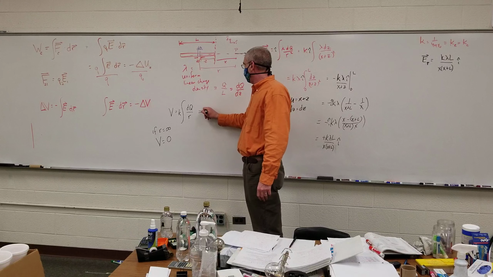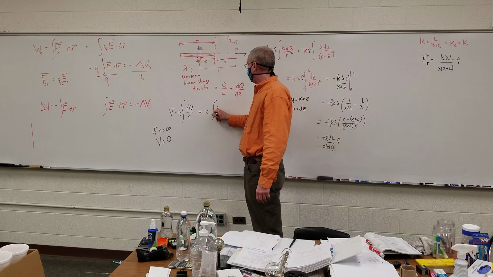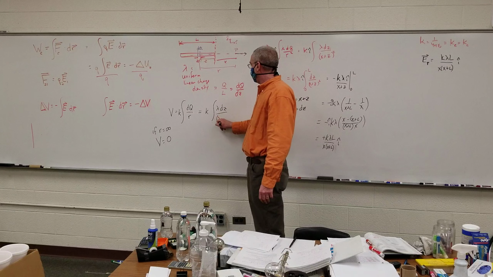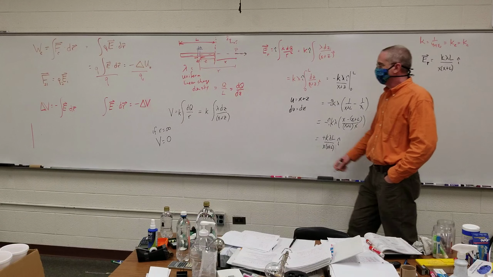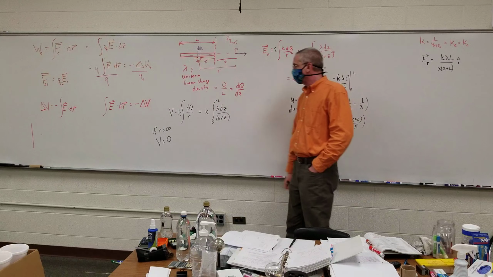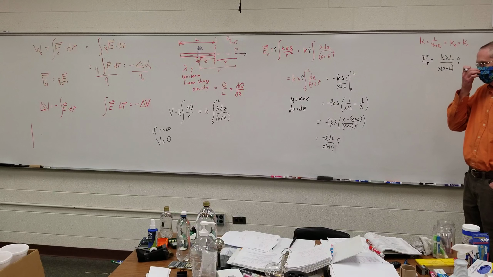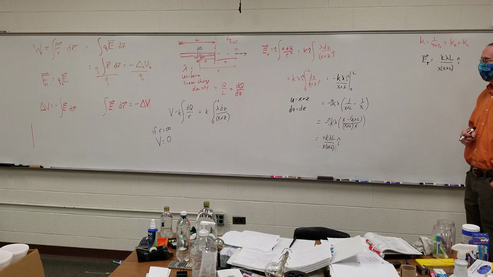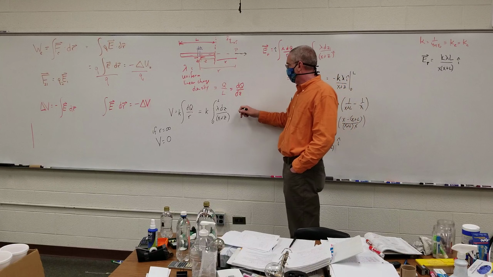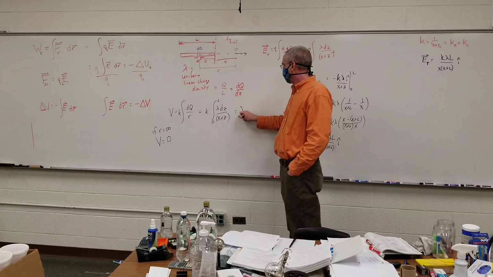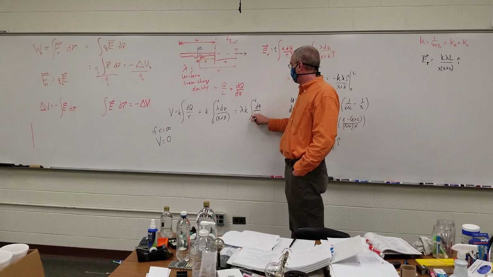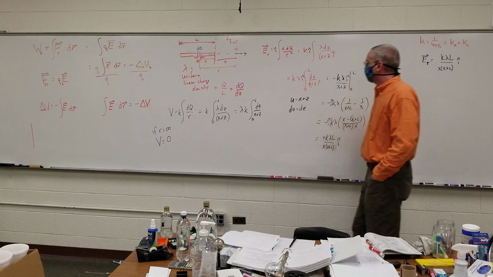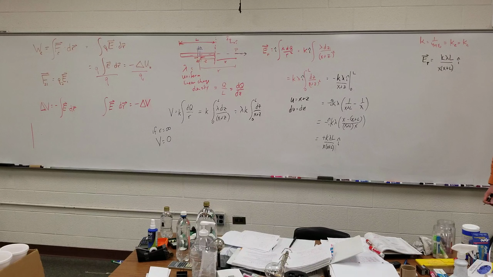Similar type of things as we did before, we have now k times the integral of lambda dz over X plus Z from 0 to L. We'll pull the lambda out, so we've got lambda k times the integral from 0 to L of dz over X plus Z. Do I need to put an I hat in here?